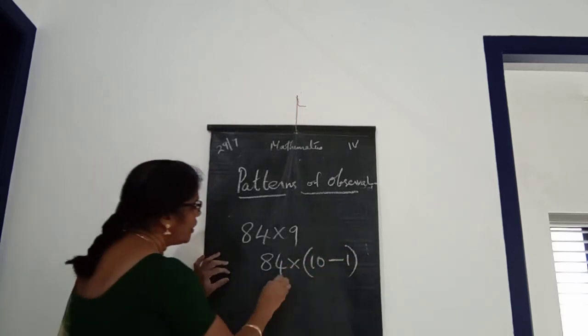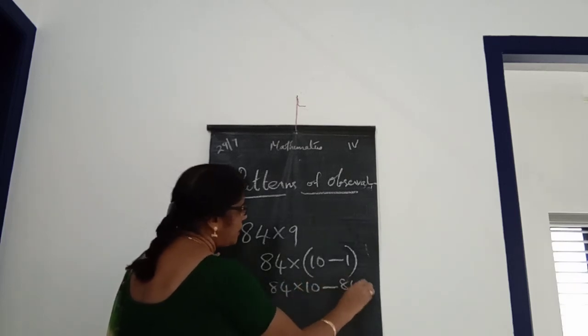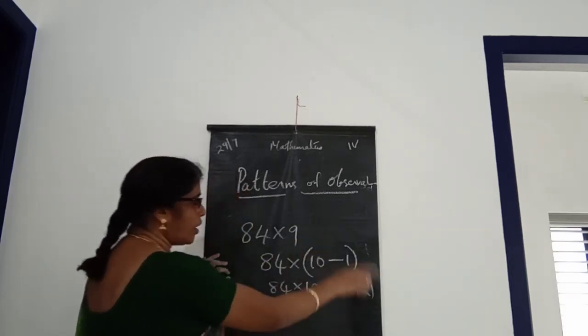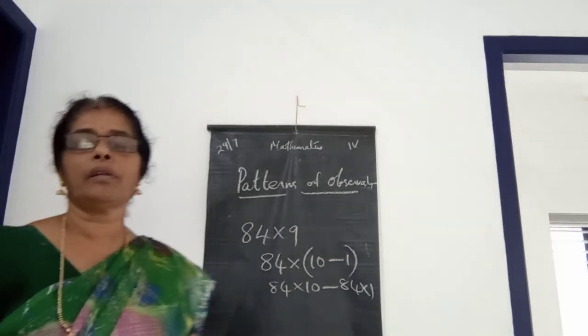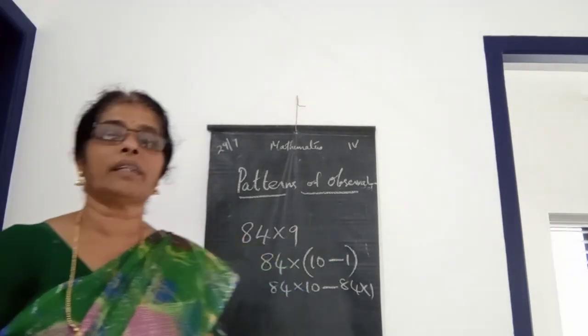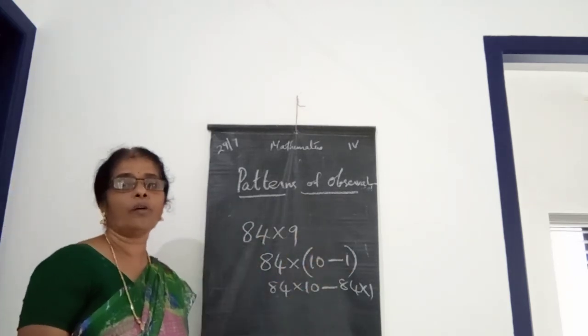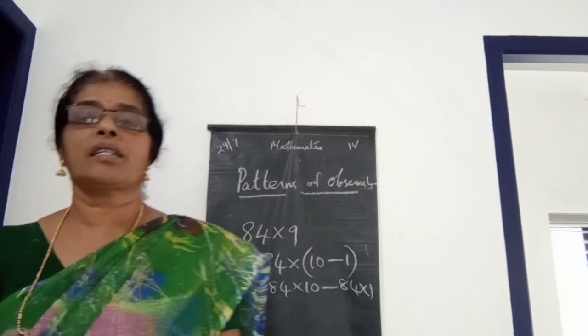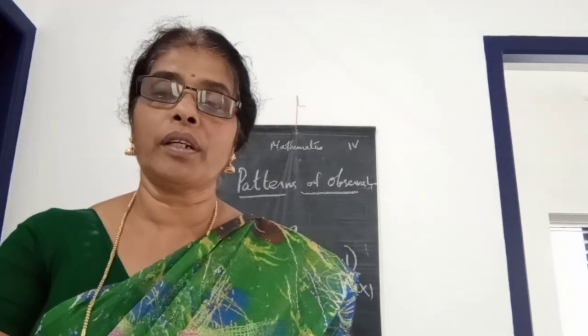So you have to multiply 84 with 10 minus 84 into 1. So this way you have already used the distributivity property you learned, isn't it? This is that. Okay, so you have to make use of the patterns of observation for the calculation so that you can do it verbally.